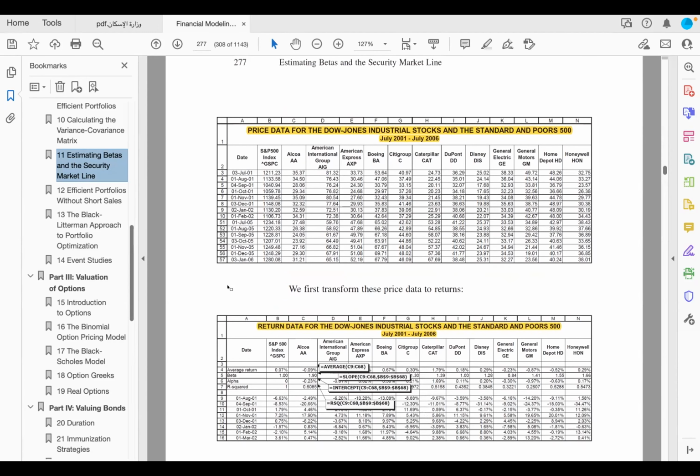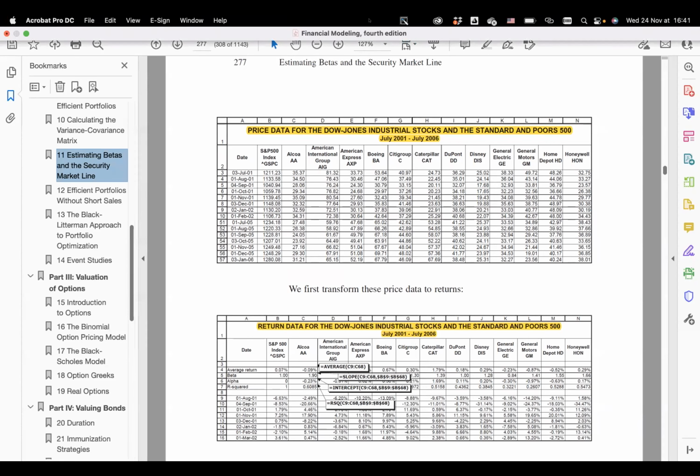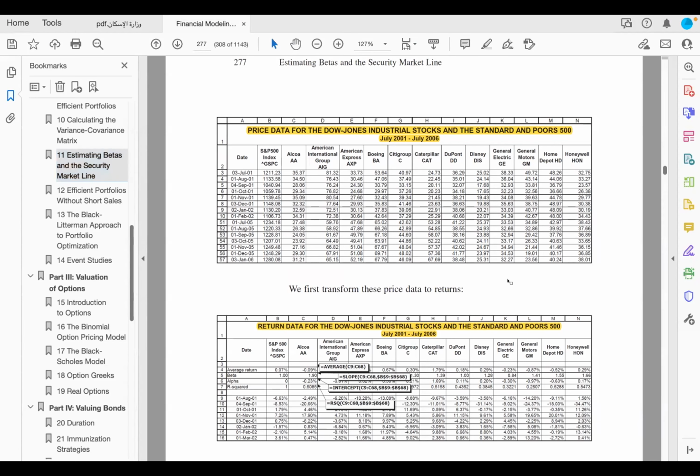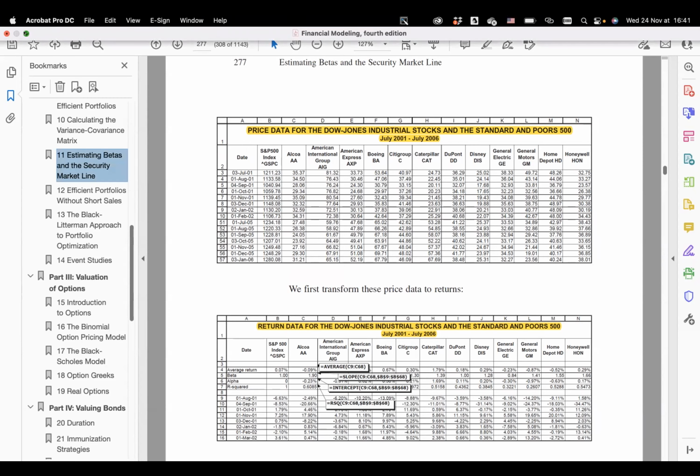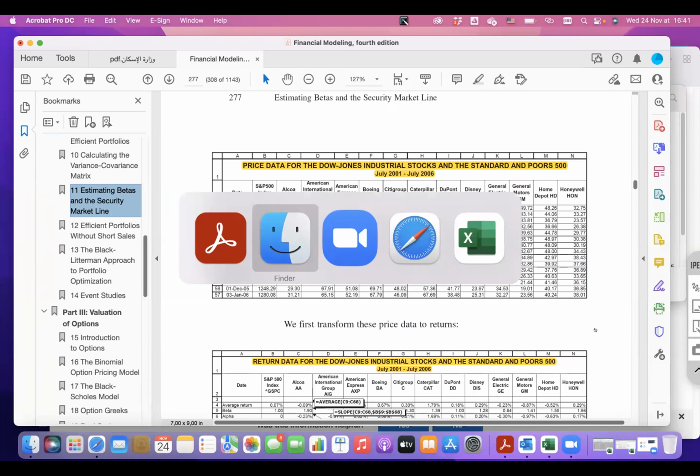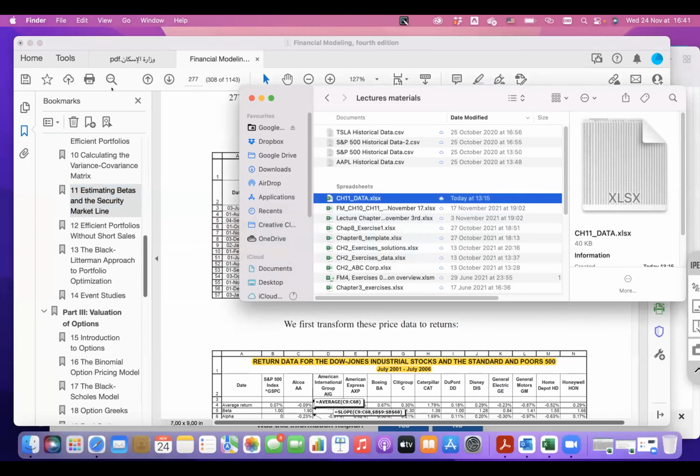Right, let's practice now. So please download the Excel file, Chapter 11 data.